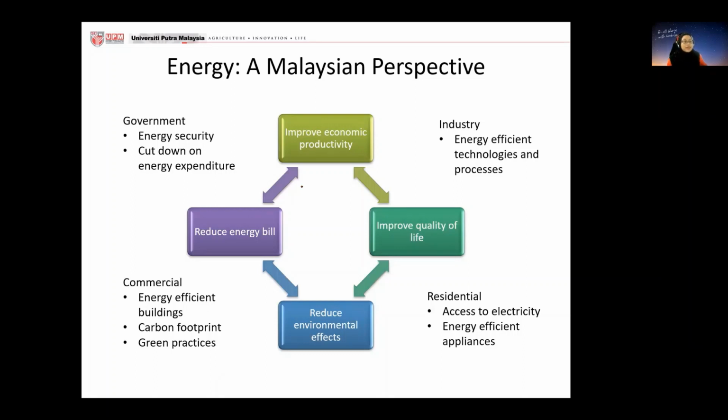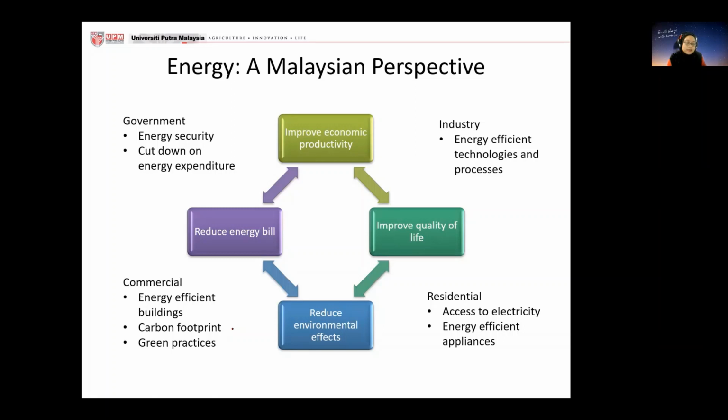We need to look at energy efficient technologies and processes to make sure you can consume less energy but with the same productivity. For us, access to electricity is very important, and we have our own choice to use appliances that have a more energy efficient rating.